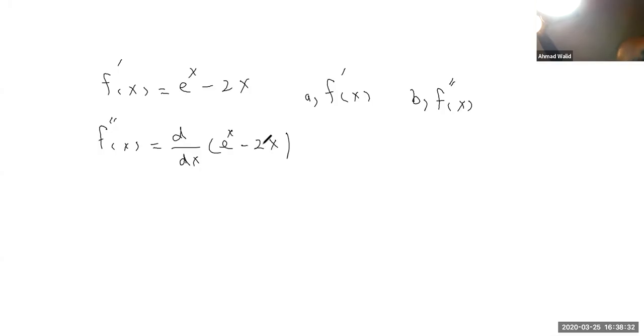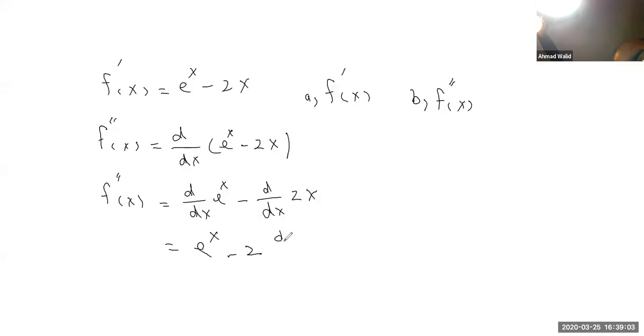Again, the subtraction rule, f double prime x equals d over dx of e to the x minus d dx of 2x. d dx of e to the x again gives you e to the x minus d dx of 2x. You see, you can apply the constant rule here. You can write 2 outside, then d dx of x. And e to the x minus 2 times.